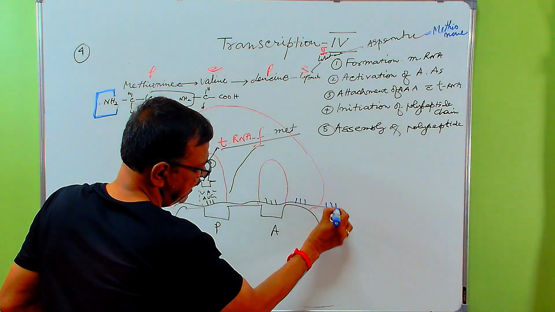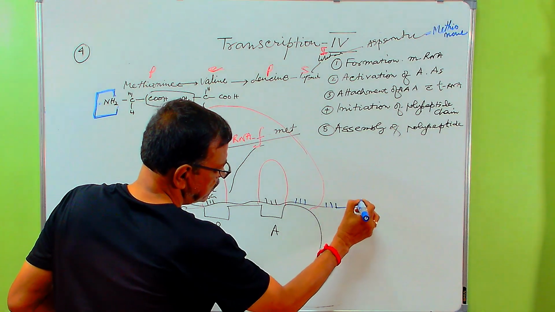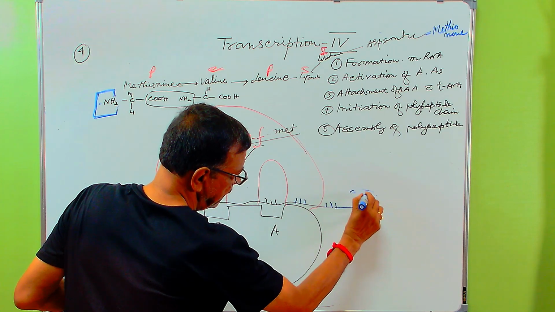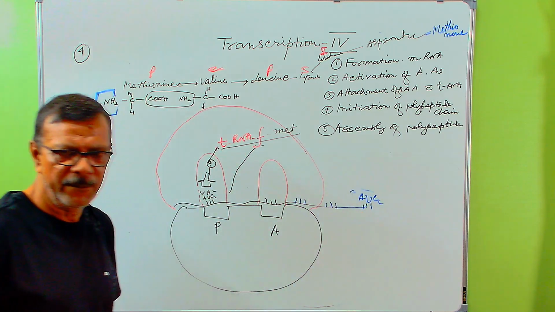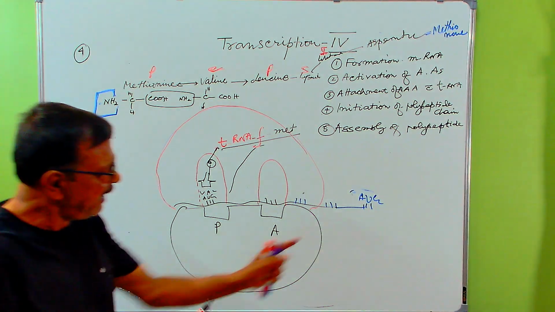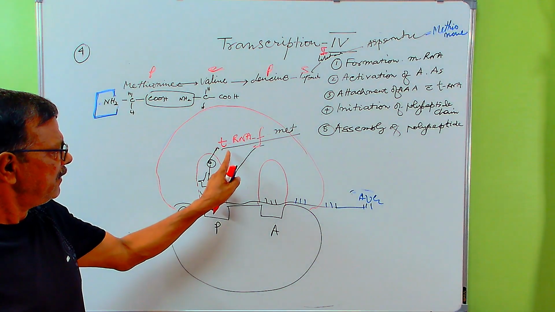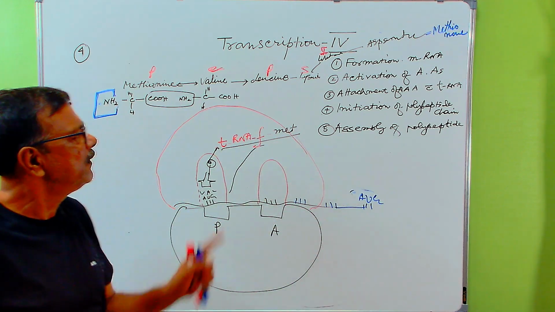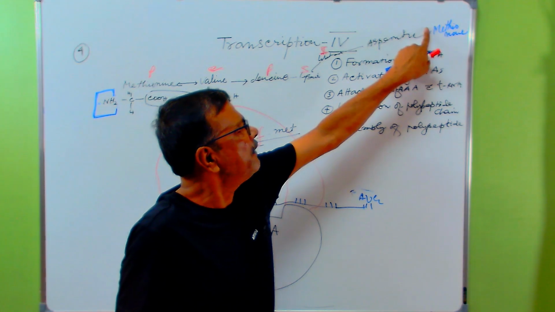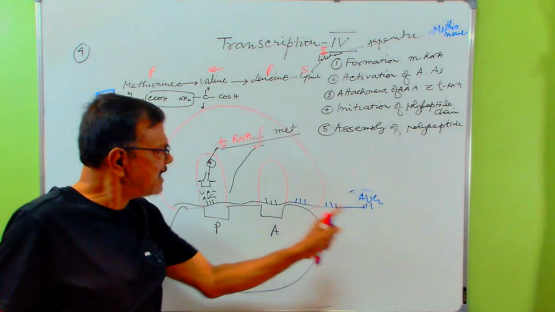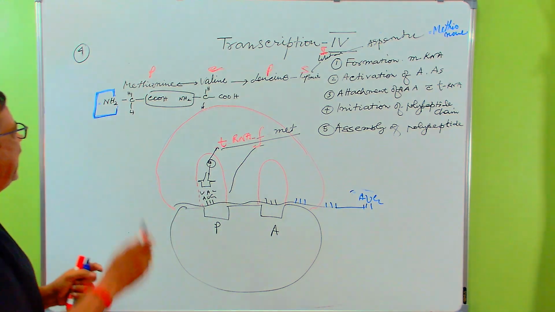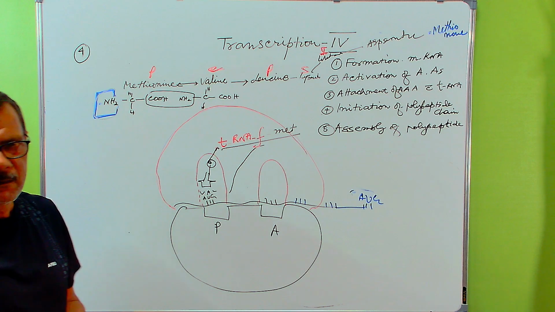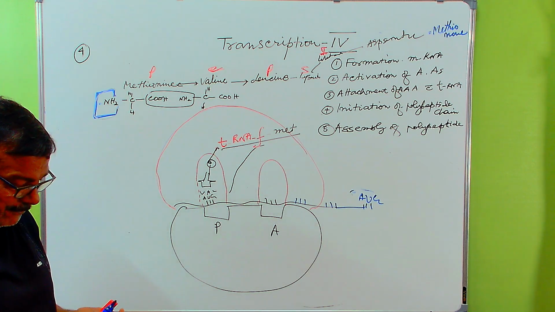It has to produce one methionine here. So it will have AUG. And if this AUG is filled up by tRNA F met, there will not be a bond, because the tRNA F met has been blocked at this side. Clear?